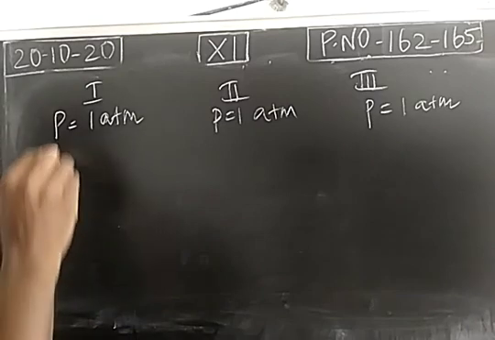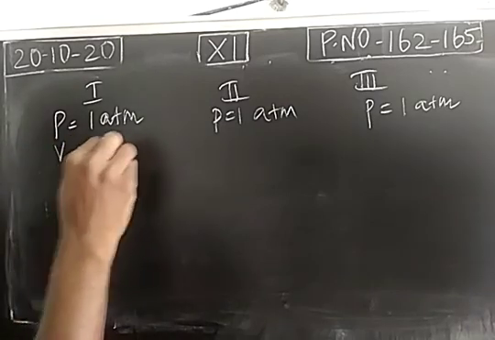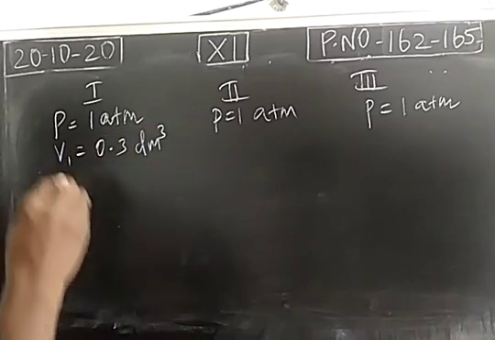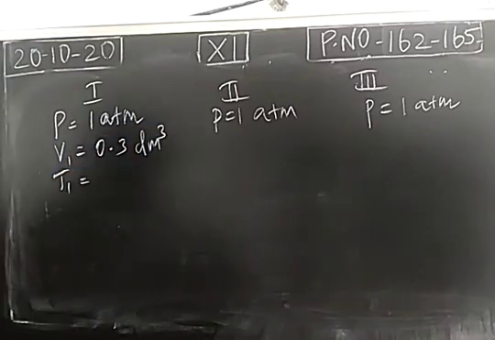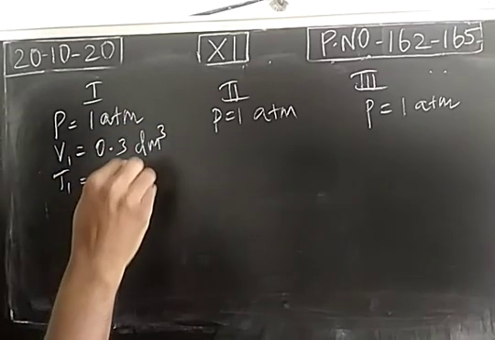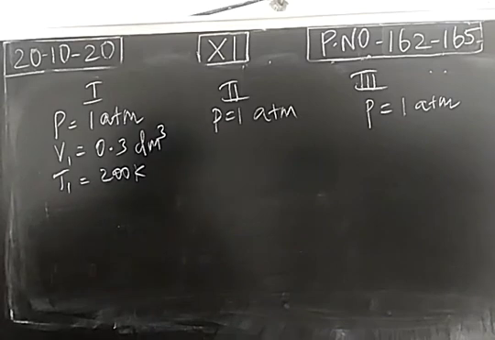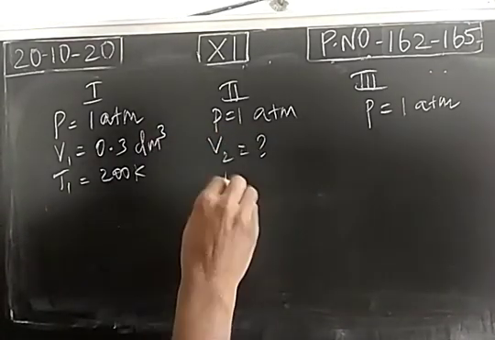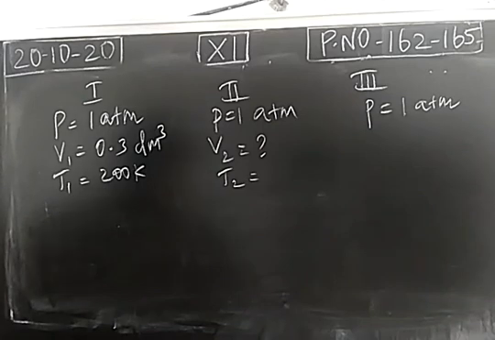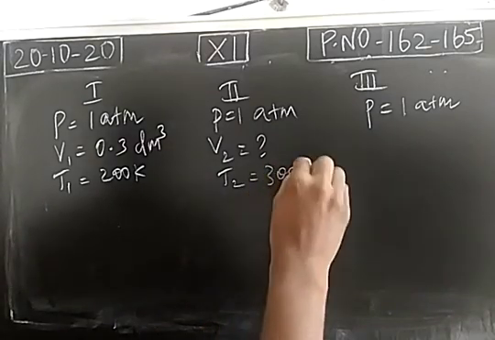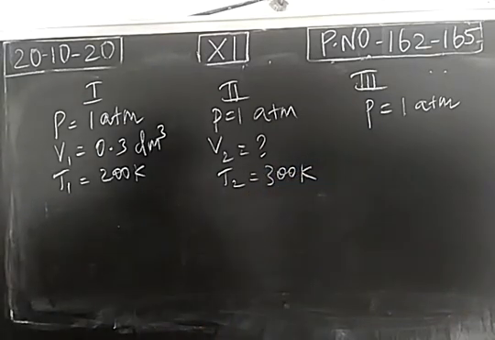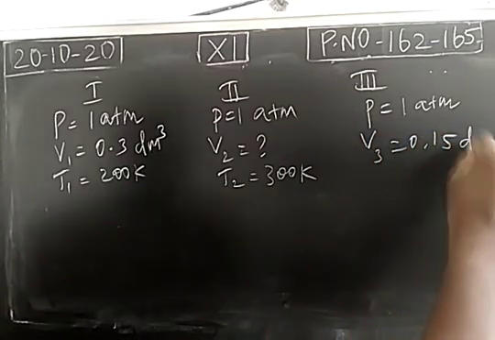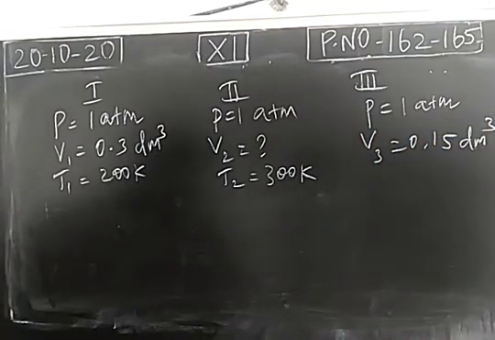In the first container, the volume is 0.3 decimeter cube and the temperature is maintained at 200 Kelvin. In container 2, we don't know the volume, but the temperature is 300 Kelvin. In the third container, the volume is 0.15 decimeter cube, but we don't know the temperature.